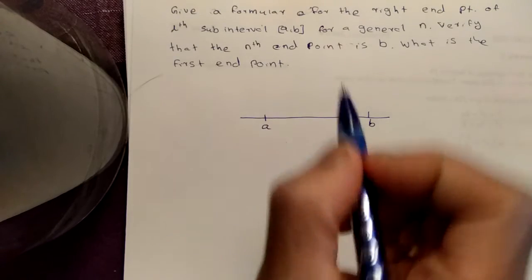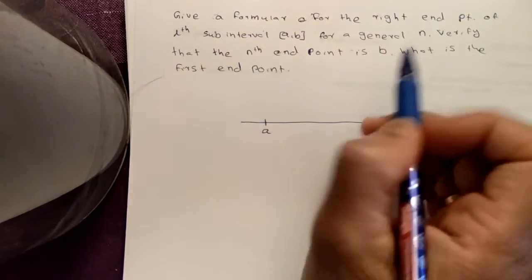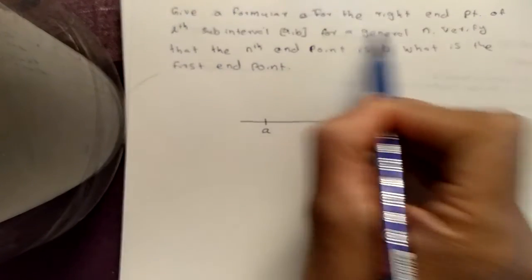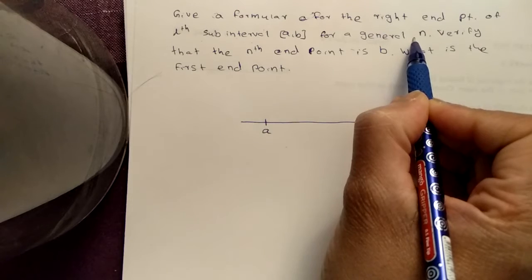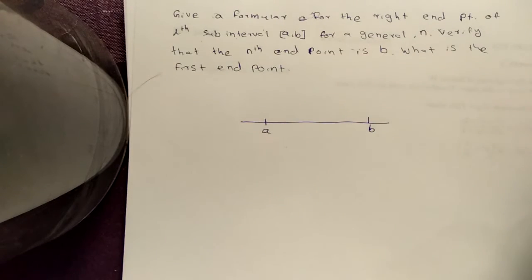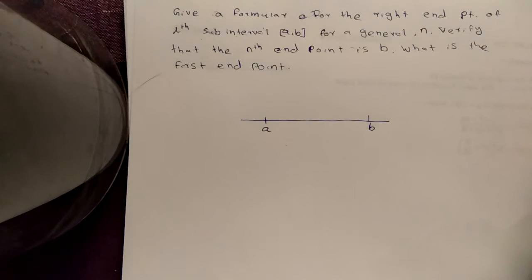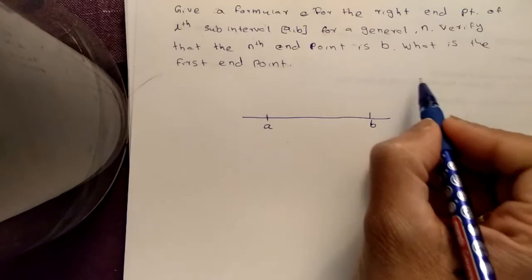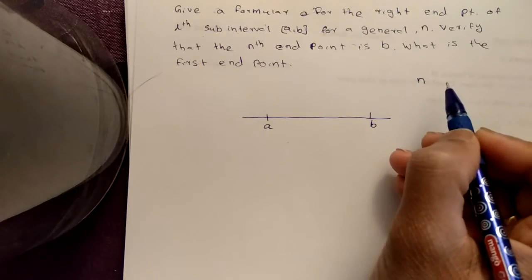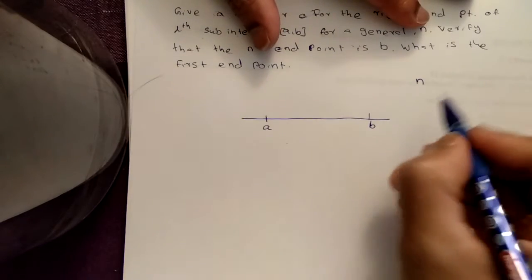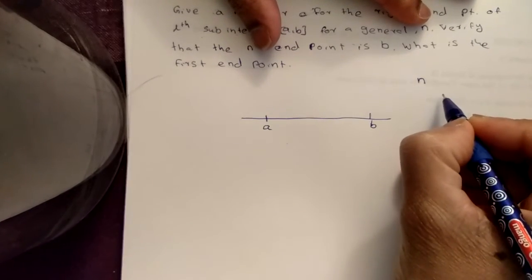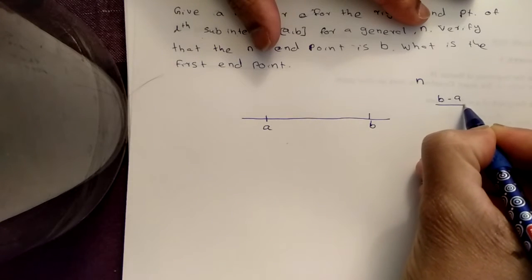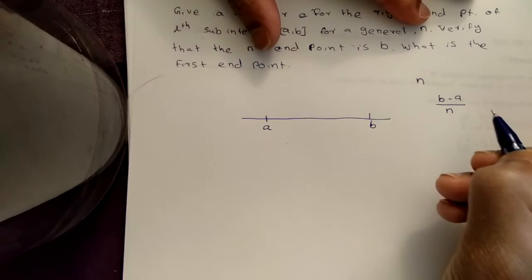And then they have told us about the ith subinterval for a general n. What do we mean by a general n? That means this interval is divided into n equal parts, or in other words, this length, b minus a, will be divided into n equal parts.